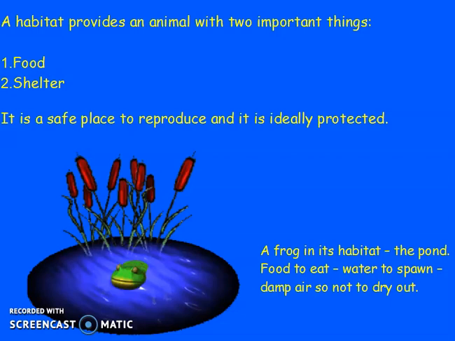It's a safe place for it to reproduce, and it's ideally protected. Here's a cartoony picture of a frog in its habitat. A frog often lives in a pond area, in a water area. It chooses this place to live because it has food to eat, water to spawn, and damp air so that it doesn't dry out.